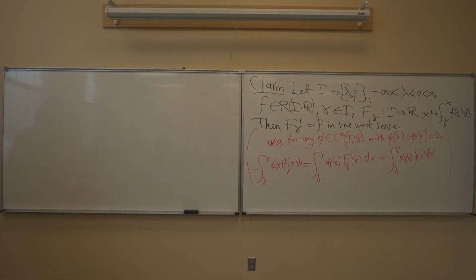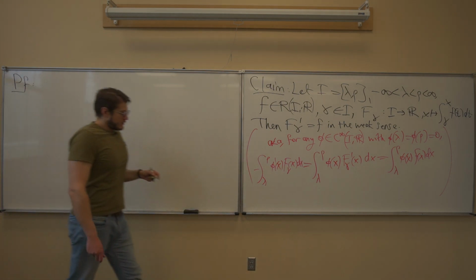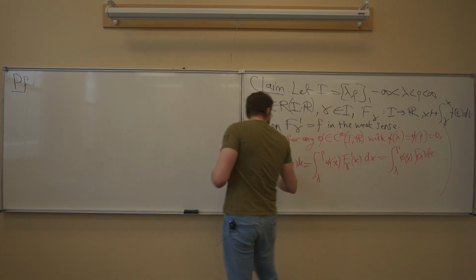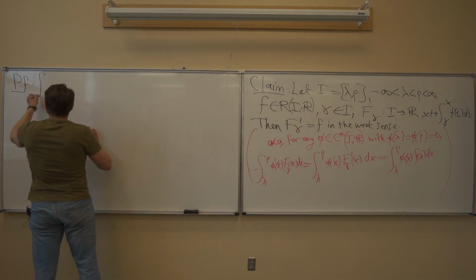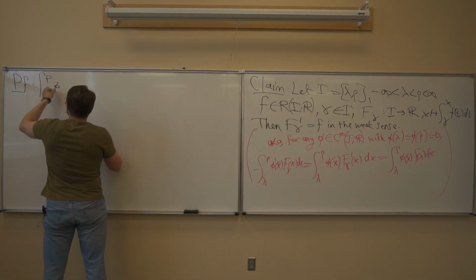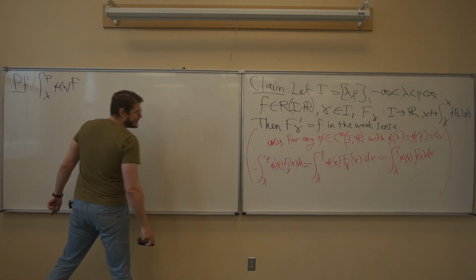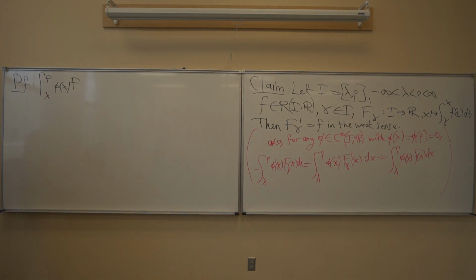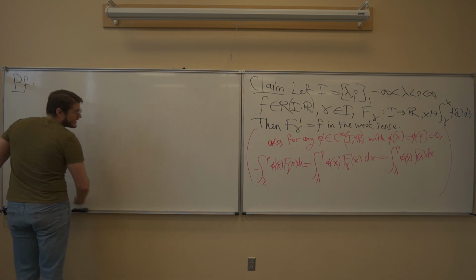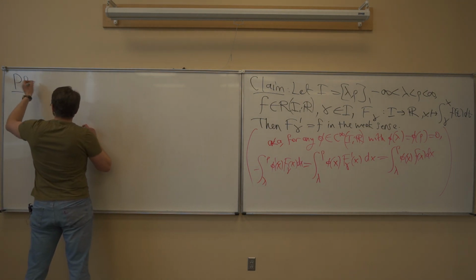So I take a test function, a phi like this. I start with this. This is defined like this. And for simplicity, let me choose gamma to be lambda. This works for any gamma, but it's going to be easier.